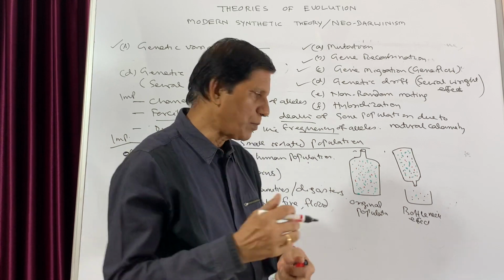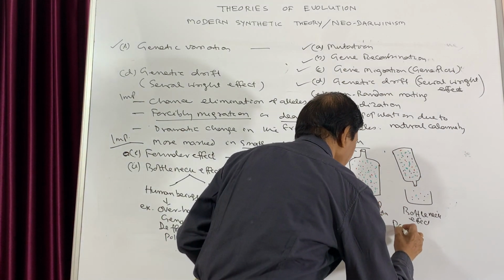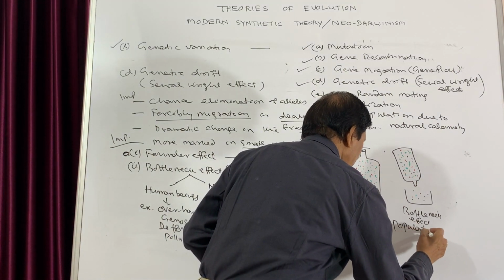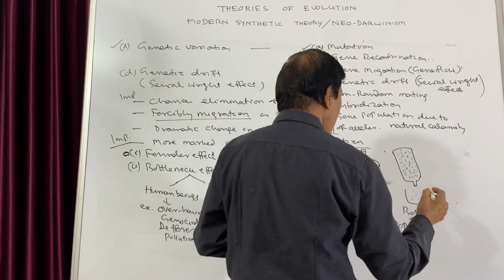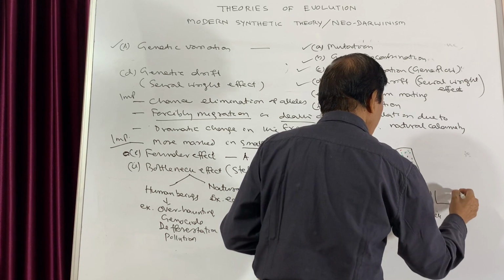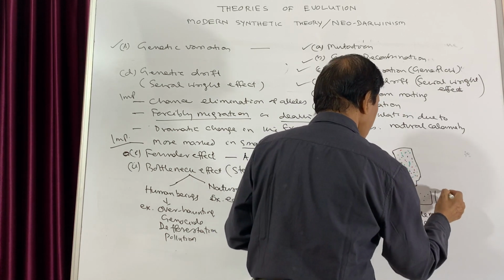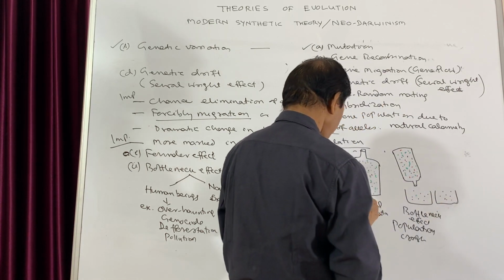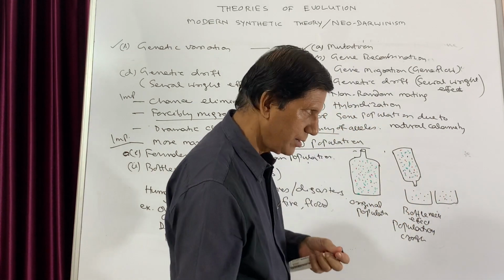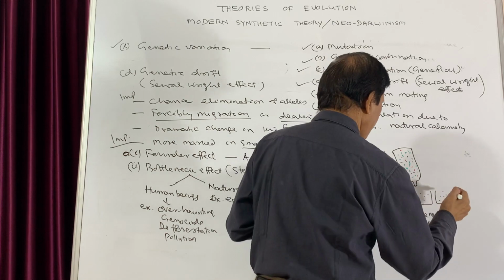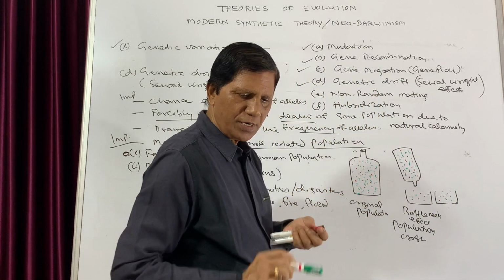This is known as population crash. So now this will be the surviving population.